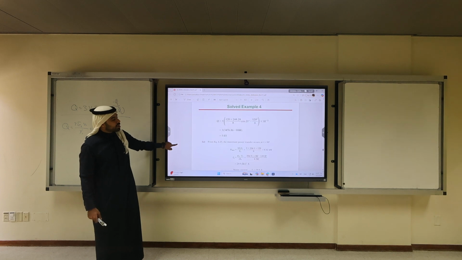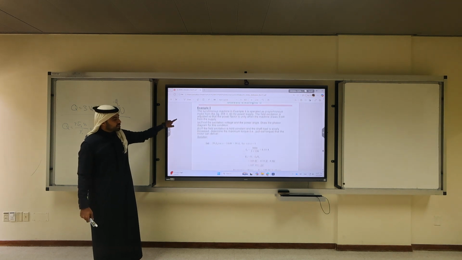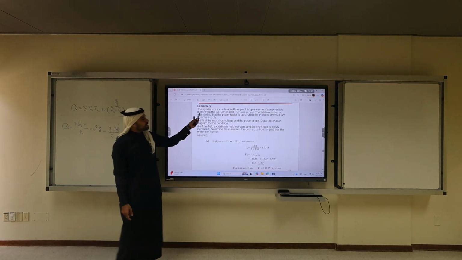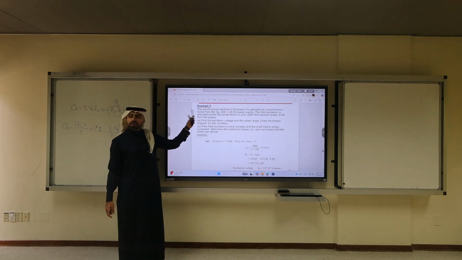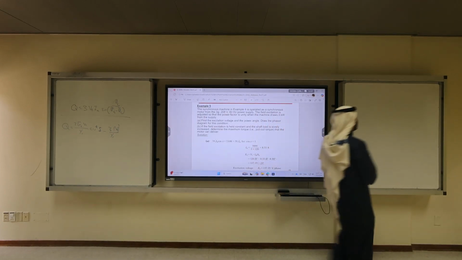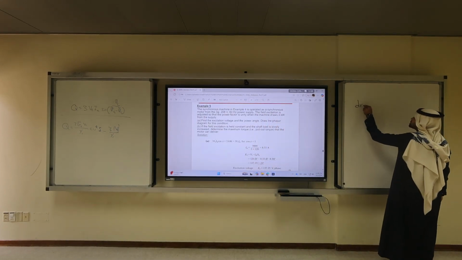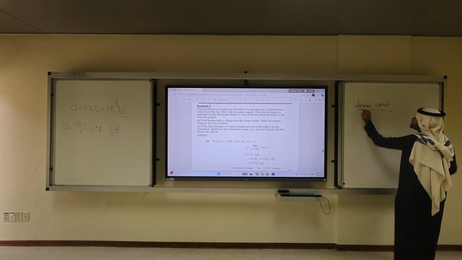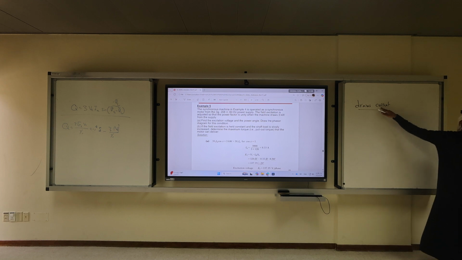Same machine, we operate it as a motor. How did I know it operates as a motor? It says here, operated as a synchronous motor. What is another keyword? Draws current. So in the exam, if you see it draws current, what does it mean?